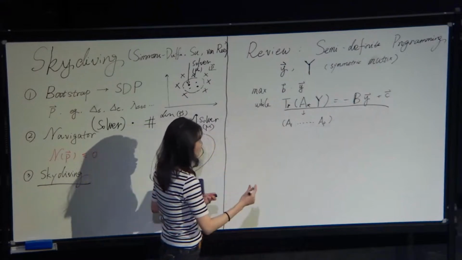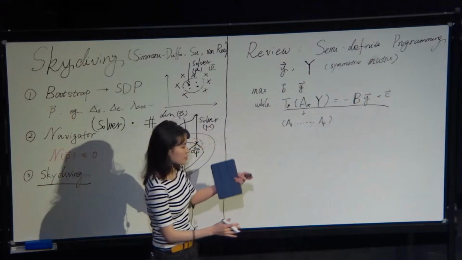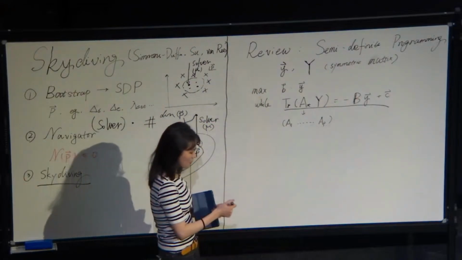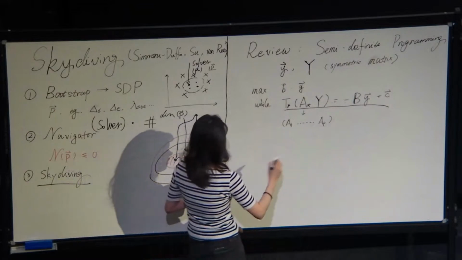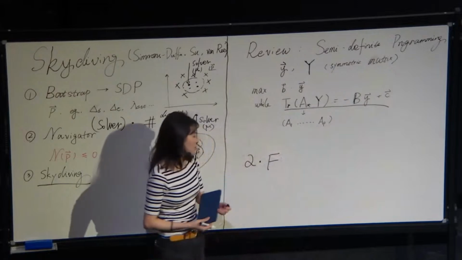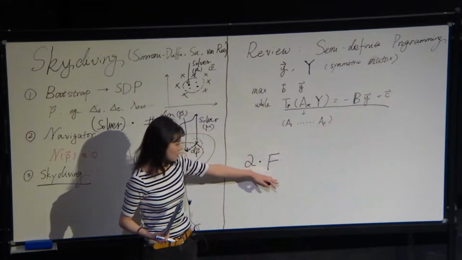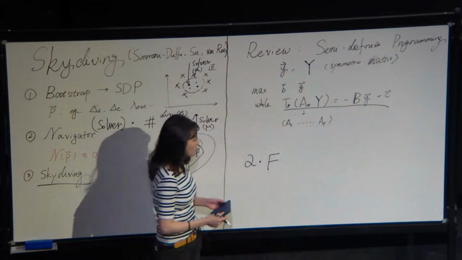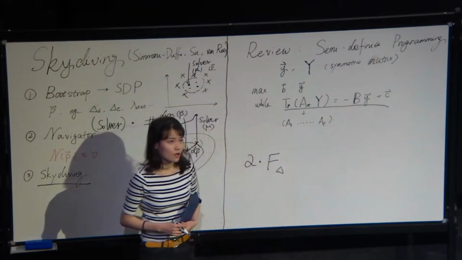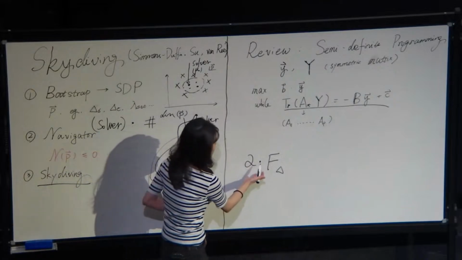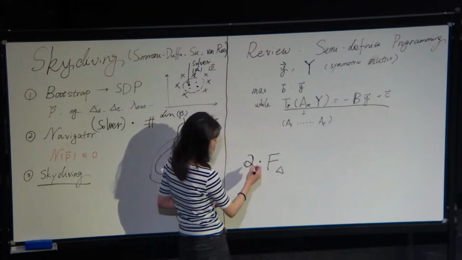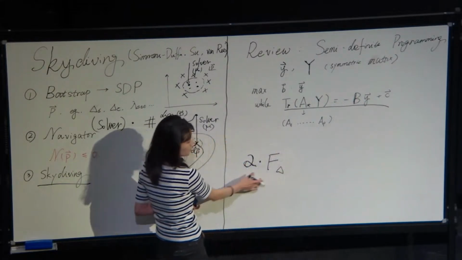Okay, and to take a step back, let me relate semi-definite programming with the Bootstrap problem. In numerical Bootstrap, we have some expressions or equations of the blocks as a constraint, and then we want to apply some functionals on those expressions.